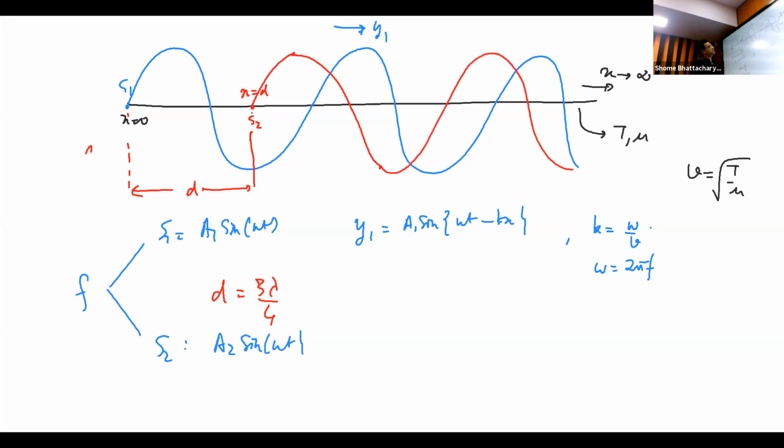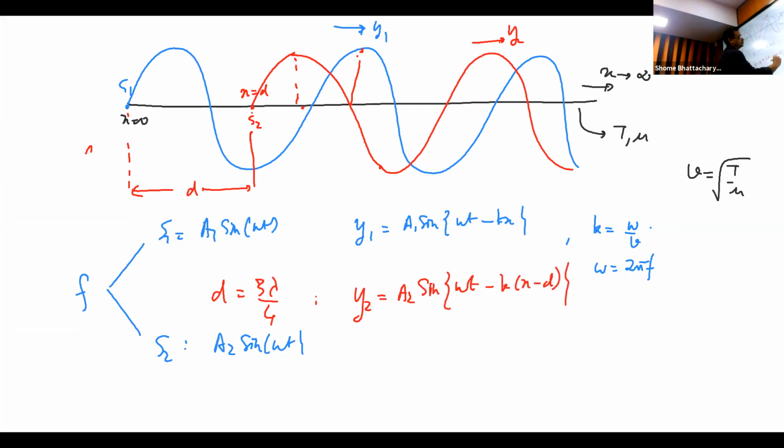You can see neither is it in phase nor exactly out of phase, because neither crest is overlapping with trough, nor crest with crest. In fact, this one's crest is overlapping with this one's mean position, like this. That is the information we'll get when we write the equation also.